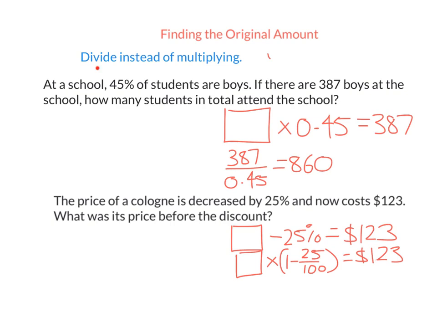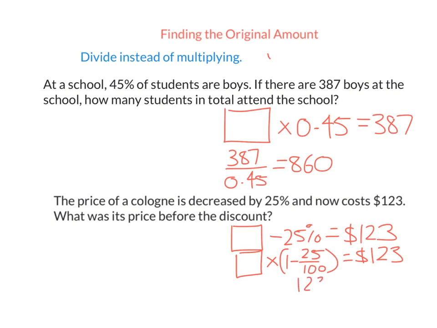So I want to find the original amount. I'm going to divide instead of multiplying. So instead of timesing 123 by this, I'm going to divide 123 by this. I don't want to decrease 123 by 25%. I want to find what number I had originally so that when I decrease it, I get 123.